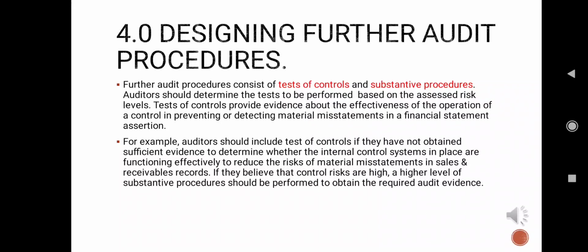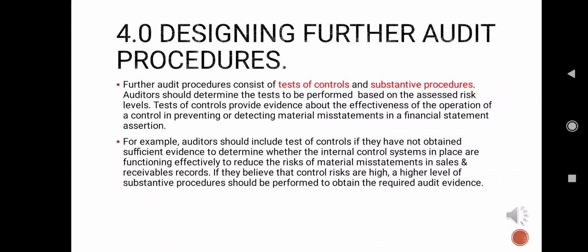Designing further audit procedures. Further audit procedures consist of tests of control and substantive procedures. Auditor should determine the tests to be performed based on the assessed risk levels. Tests of control provide evidence about the effectiveness of the operation of a control in preventing or detecting material misstatement in a financial statement.